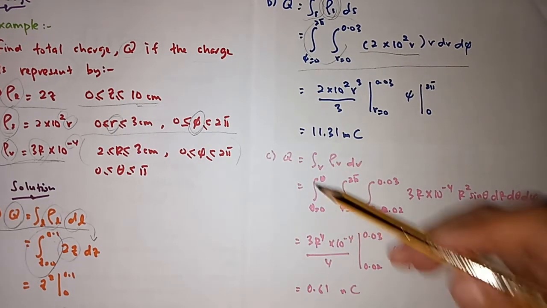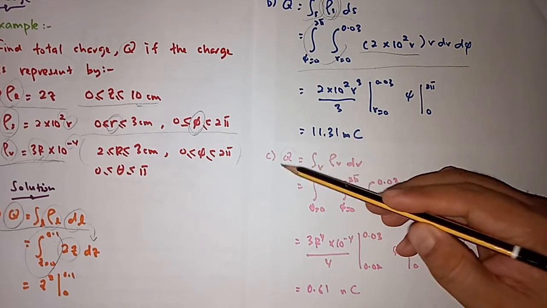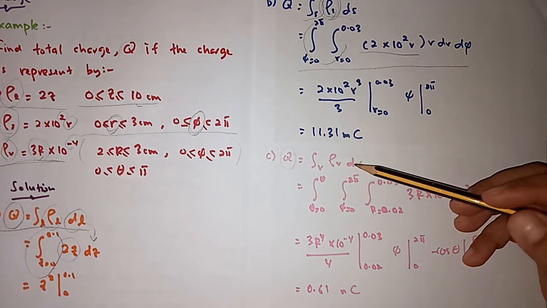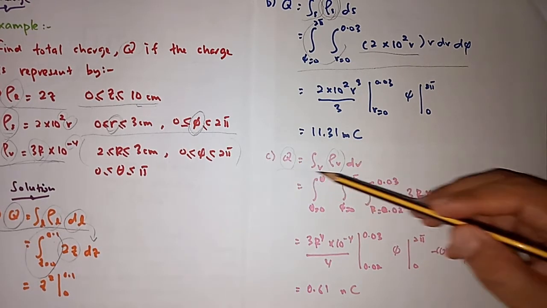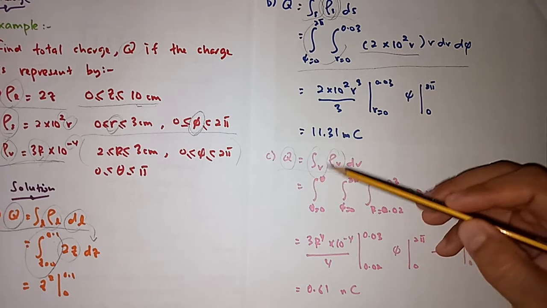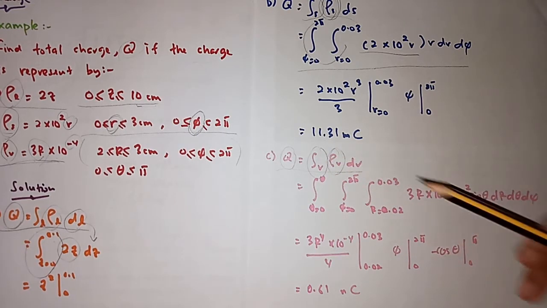For the last question, we need to find the total charge, where the charge has been represented by its volume charge density rho v. In order to solve it, we need to perform a volume integration of rho v dot dv.